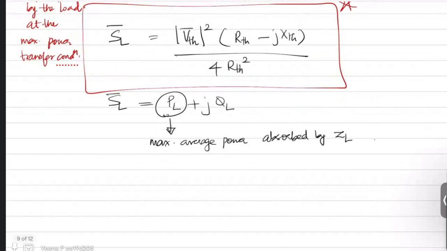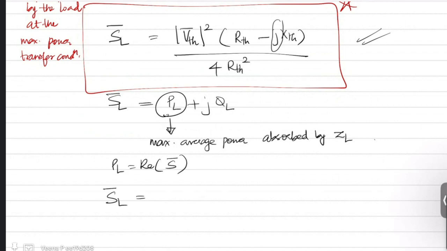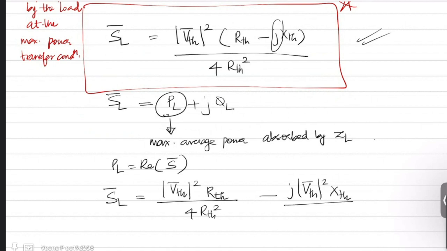Now PL is nothing but the real part of SL. Now you already obtained SL. So what is the real part? The real part is the part which doesn't have j. So you can rewrite SL as magnitude of V Thevenin squared times R Thevenin divided by 4 R Thevenin squared, minus j magnitude of V Thevenin squared X Thevenin divided by 4 R Thevenin squared.